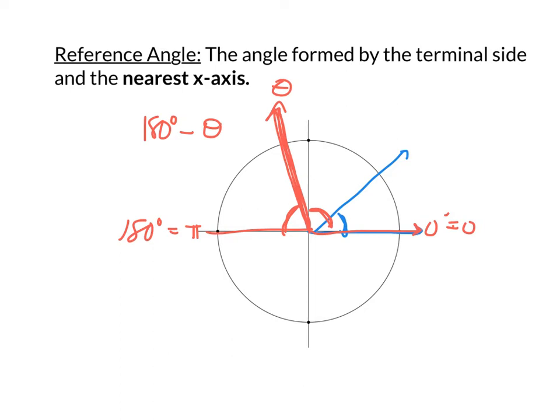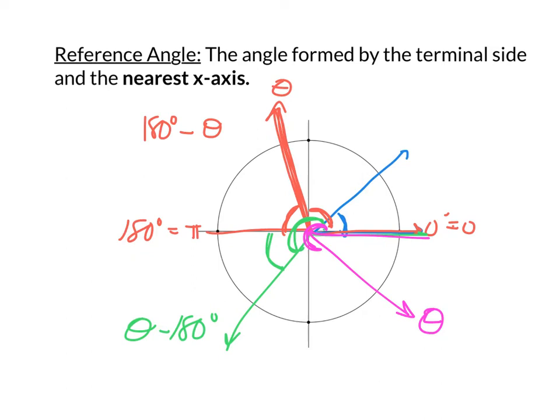If we get into the third quadrant down here, this is our angle theta now. And we want to find the angle that it makes with the nearest x-axis. So we would just start with theta and then subtract the 180 degrees. If we make it into the fourth quadrant, so we're talking about an angle that's over here, here is my angle theta.